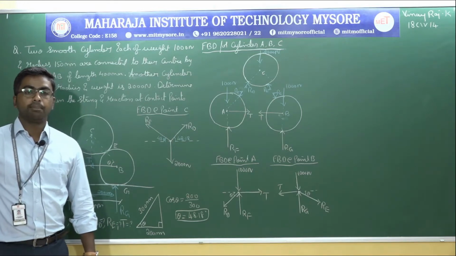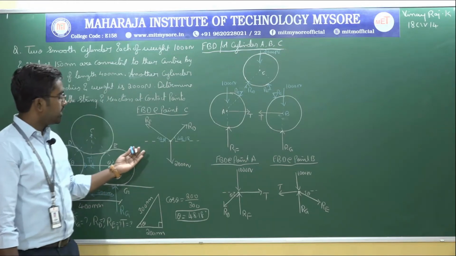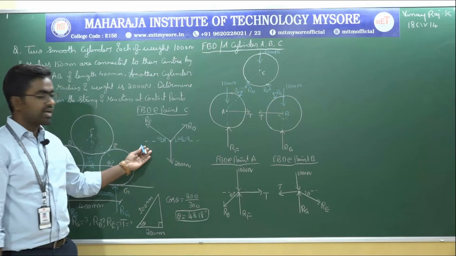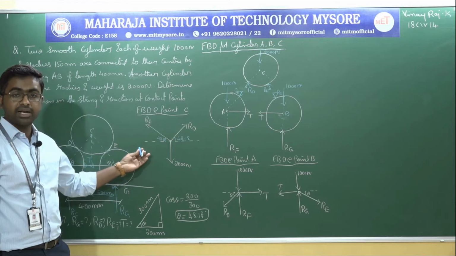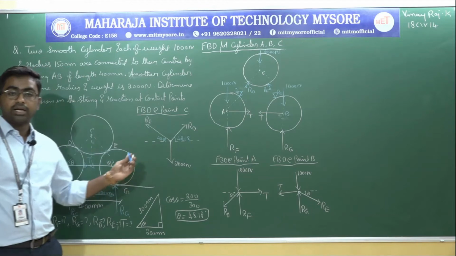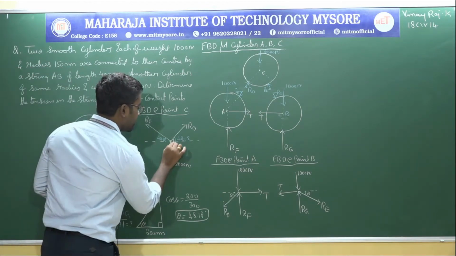Now I need to apply the condition to get the unknowns. Obviously, if I compare the three free body diagrams, in this free body diagram there are only two unknowns. That means I need to apply the condition for this first, right? So let us apply Lami's theorem for this free body diagram. Before applying this, I need to calculate the angle between the forces.